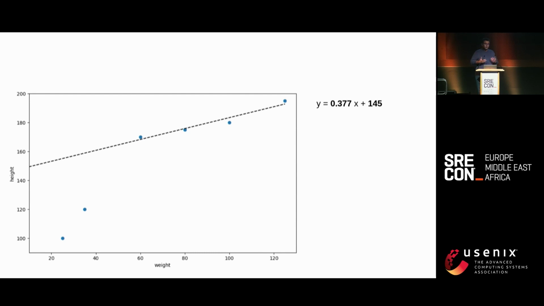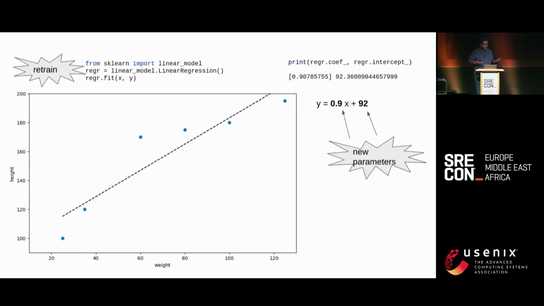The model that I have built before, because it was very biased on a small data set of 4 people, is not able to correctly reflect the world as it is in reality. So what data scientists usually do is retrain the model with new data that they have available, and then we have a new line here with new parameters: 0.9 for x and 92 for the intercept.